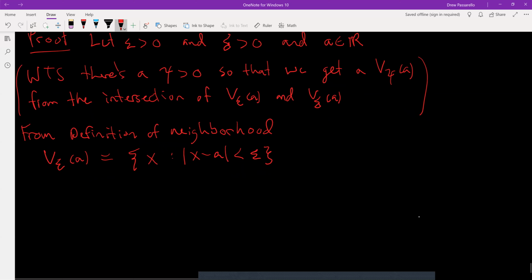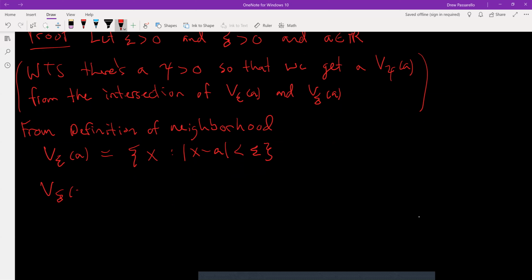And then the delta neighborhood is the set of x such that the absolute value of x minus a is less than delta. Oh, getting my letters mixed up.